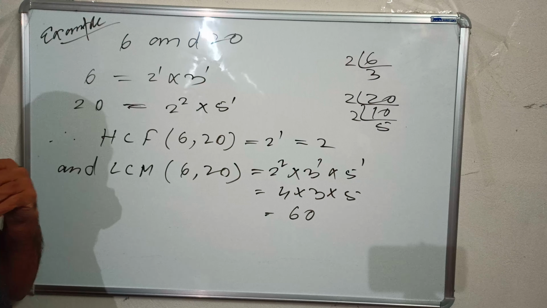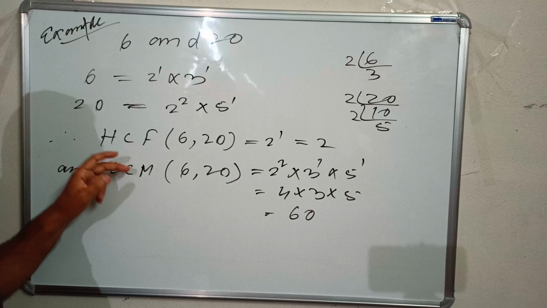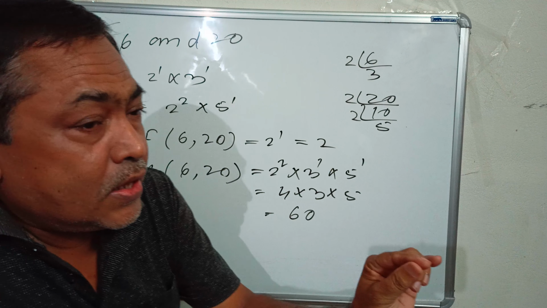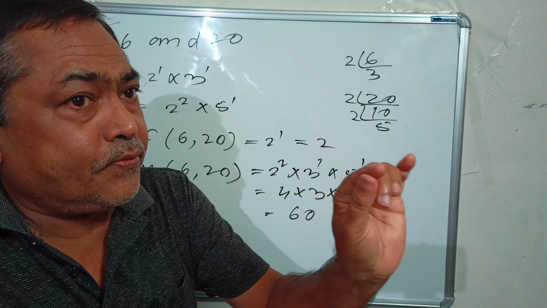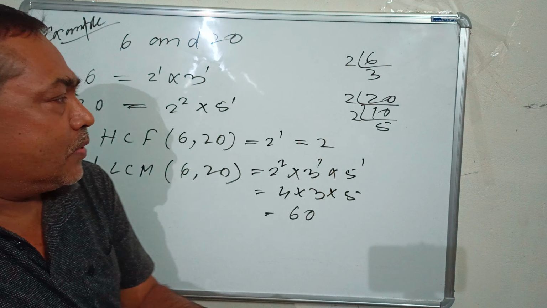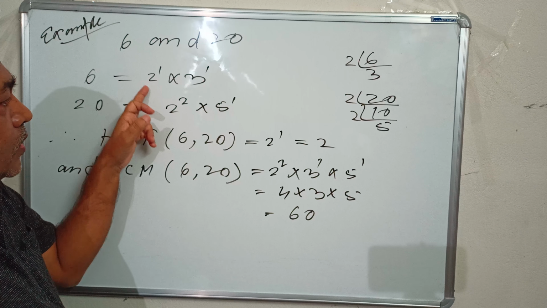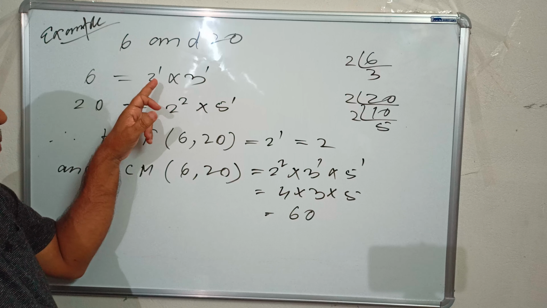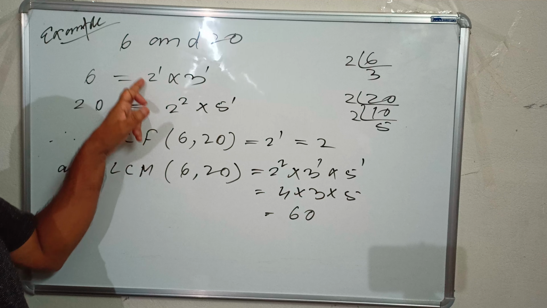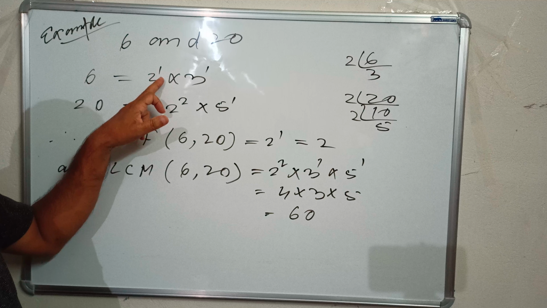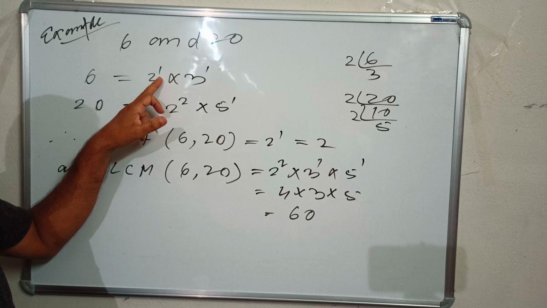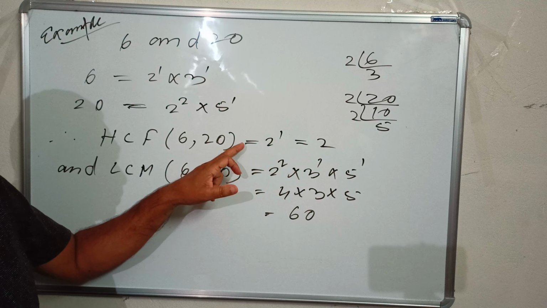Then when you are finding the HCF of 6 and 20, you take the common prime factor with the least power. The common one is 2, and the smallest power is 1.